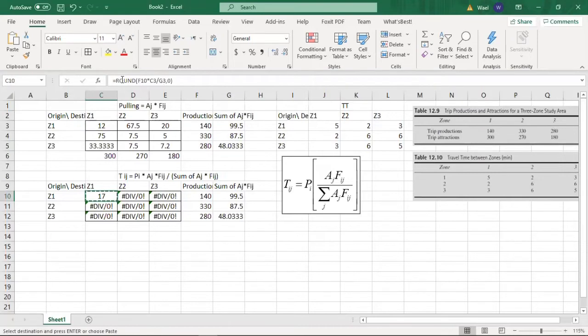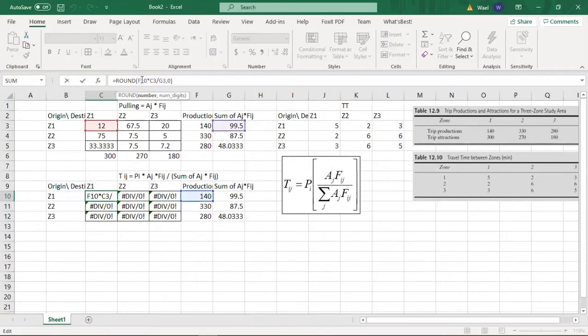The same applies to the rest, but we have to freeze some of the references. Here the production is not going to change in columns.